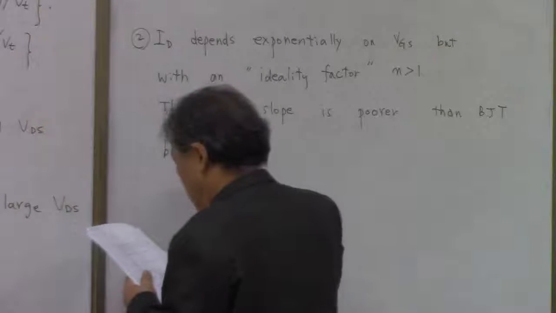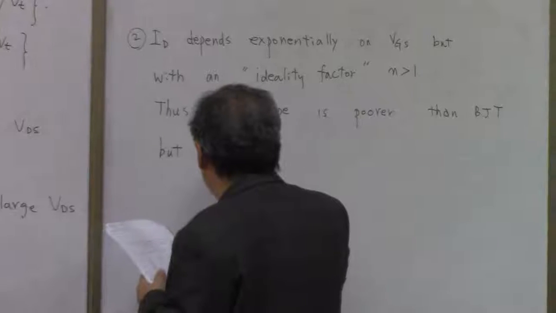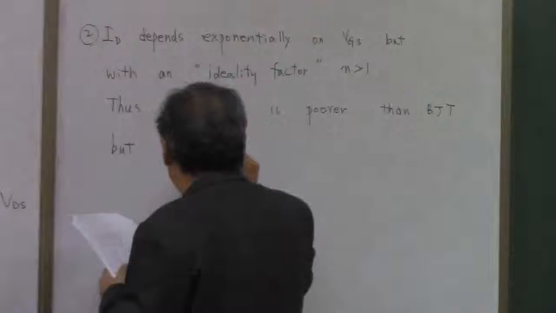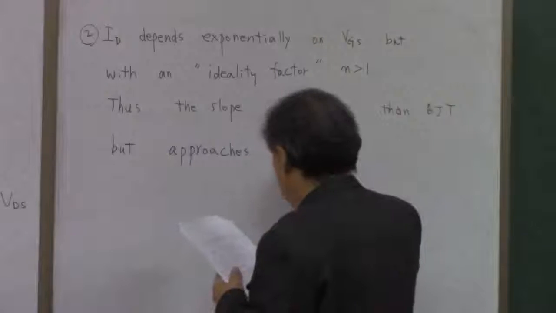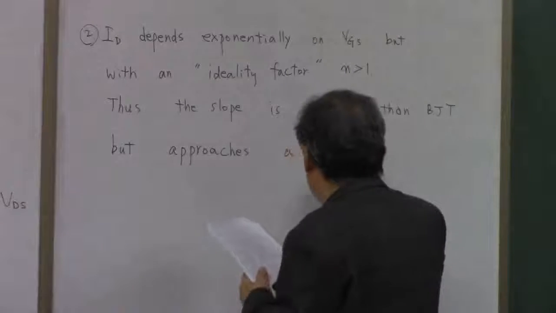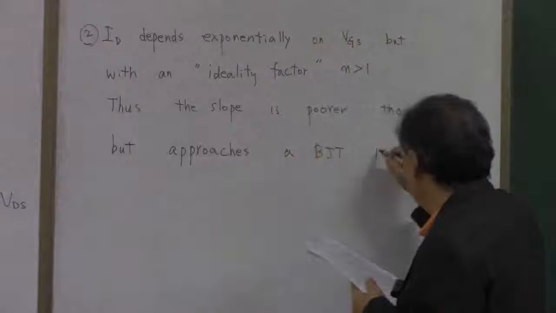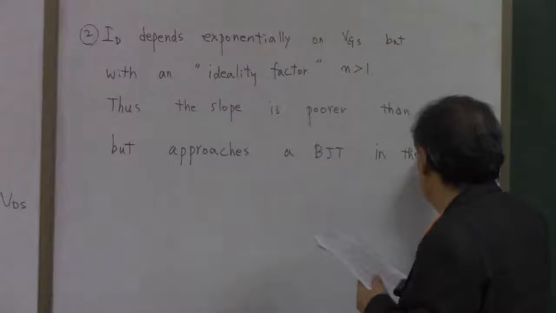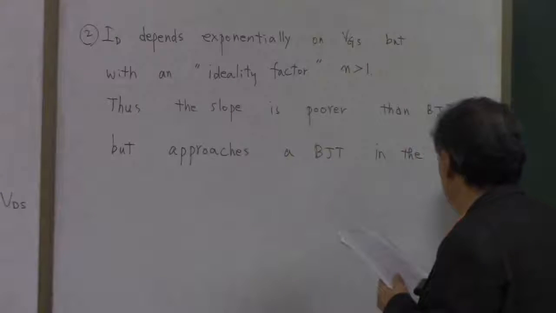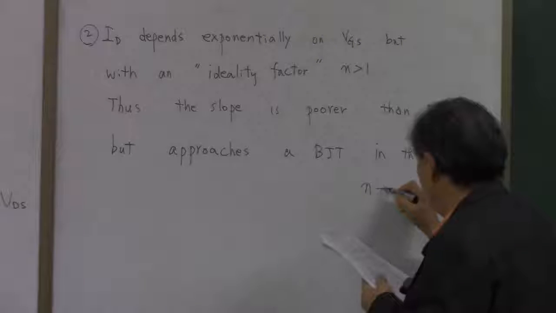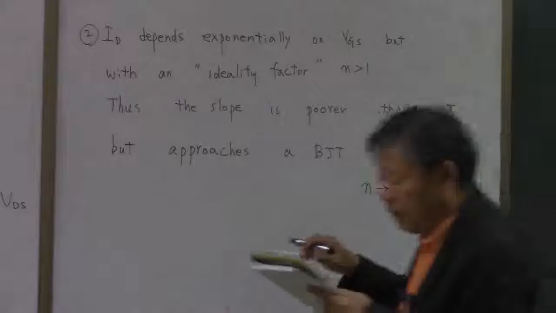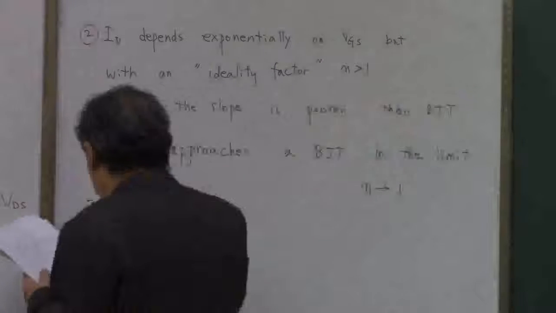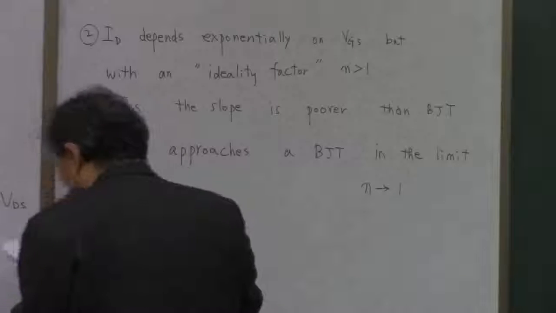But this slope approaches the bipolar transistor value in the limit where n goes close to 1, then the switching function is almost the same as that of a bipolar.